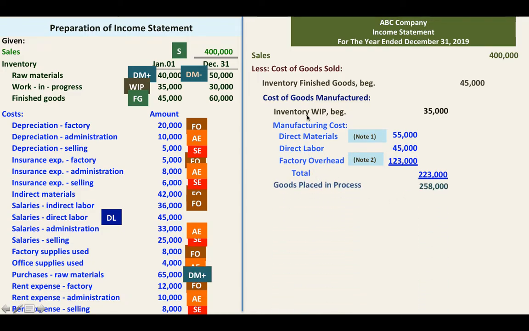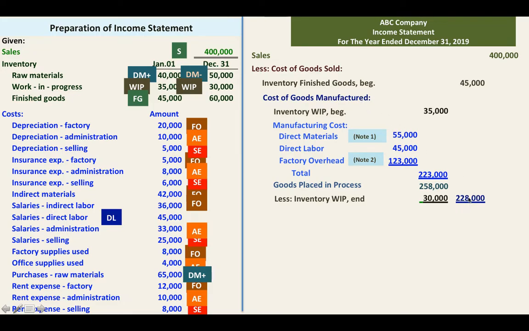And then we have to deduct the inventory work in process end. Okay, and we have to look at our data. This is our end, which is 30,000. So we have to deduct that from the goods placed in process, and that we will be able to get the cost of goods manufactured.